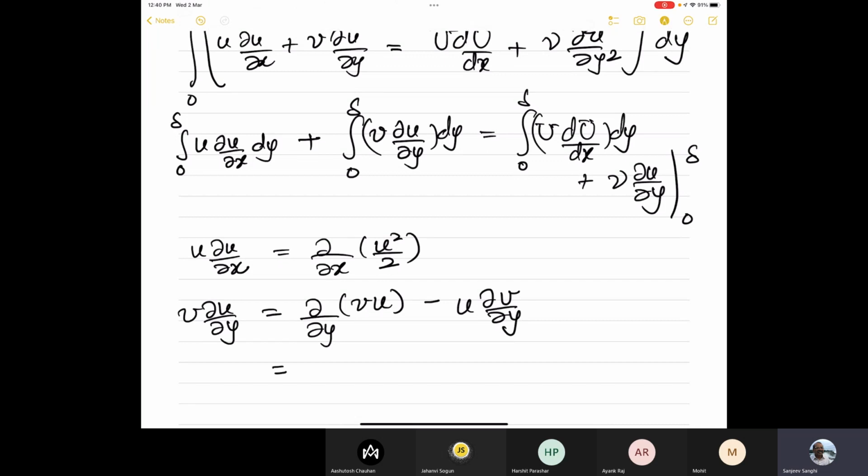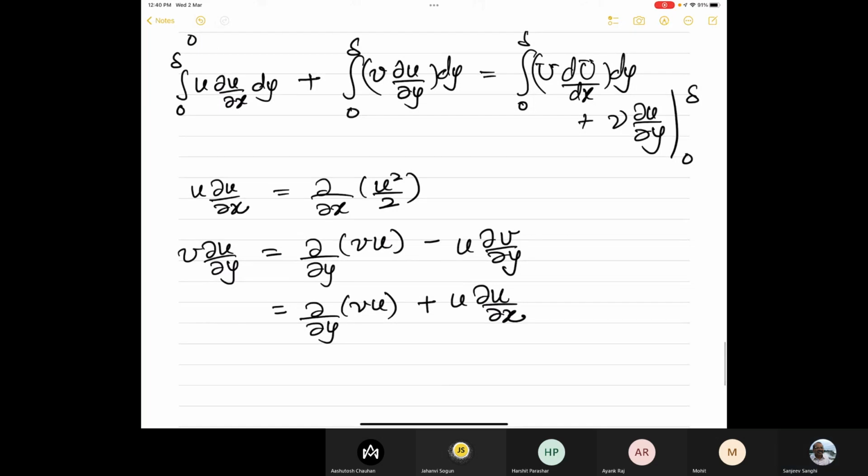And this I can write as ∂/∂y of vu plus u times ∂u/∂x. And this will become ∂/∂y of v times u plus half times ∂/∂x of u squared.